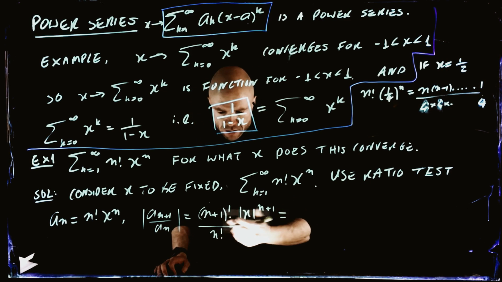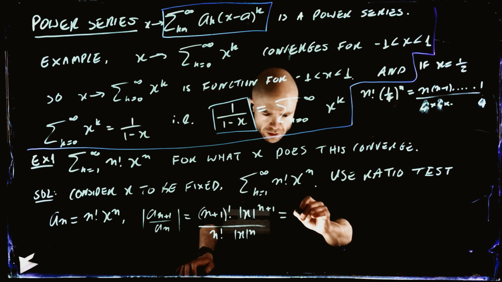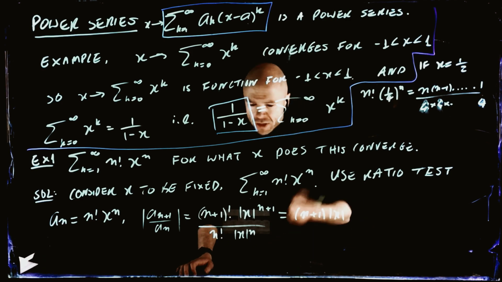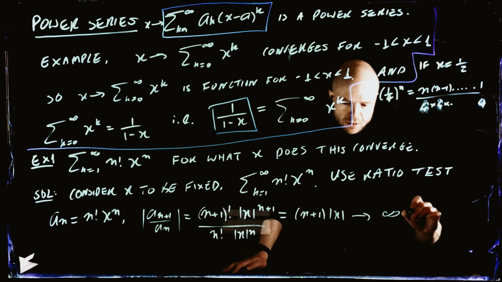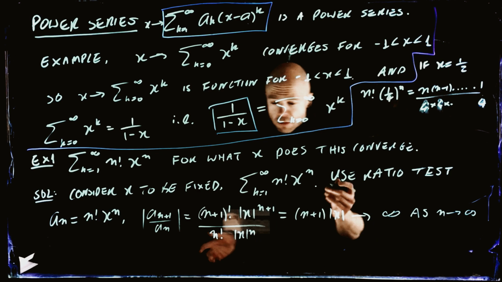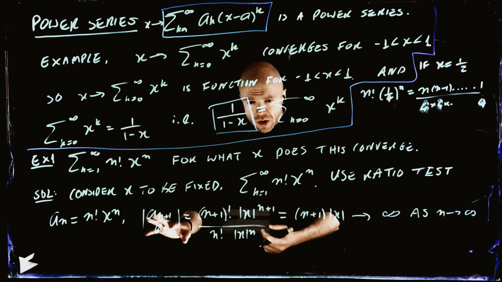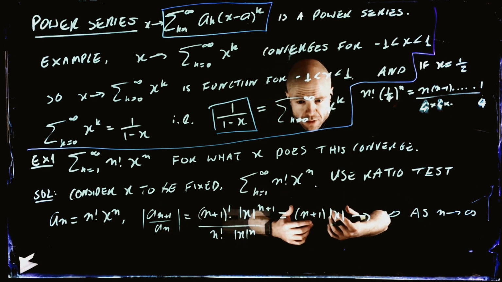And we have a whole bunch of cancellations, right? This (n+1) factorial we know is just (n+1) times n factorial. So then this just becomes (n+1) times |x|, yeah? And in the limit, this tends to infinity, right? As n goes to infinity. So what we'd need for this thing to converge is that this thing would be less than 1. And if this thing is actually bigger than 1, it definitely doesn't converge, yeah?